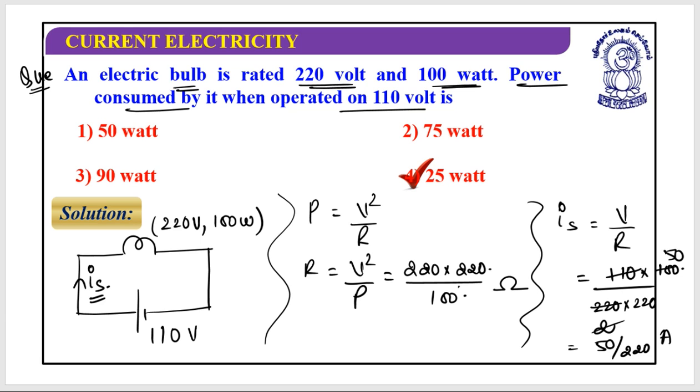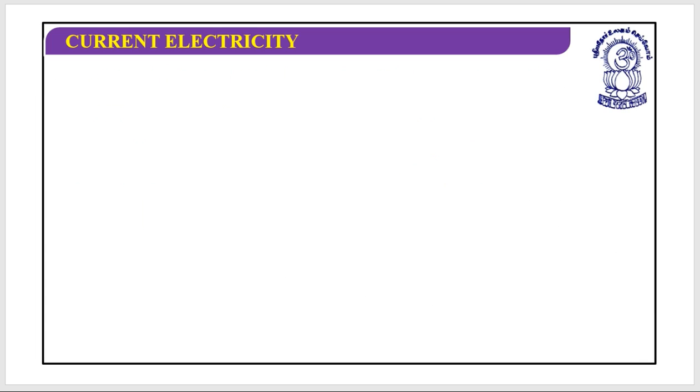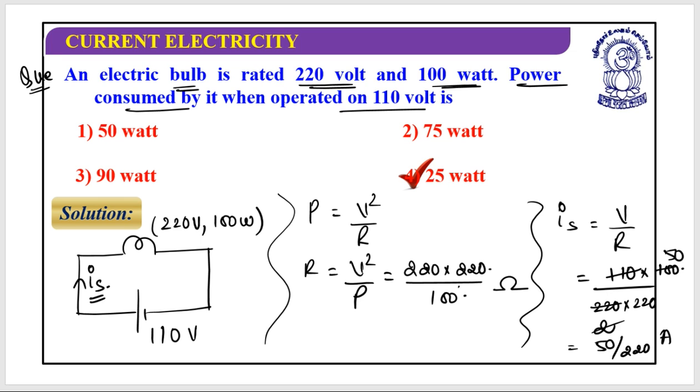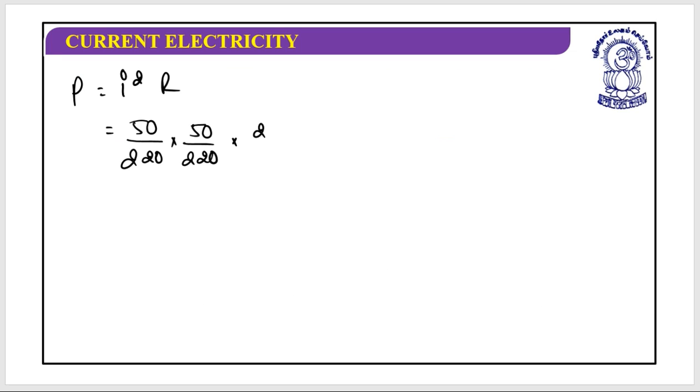Now you need to find the power. Power consumption by the bulb, P is equal to I square R. The current is 50 by 220, so this is 50 by 220 multiplied by 50 by 220 multiplied by the resistance, 220 into 220 divided by 100. So this cancels out, and this is 50 twos, which is 25 watt. That is the final answer.